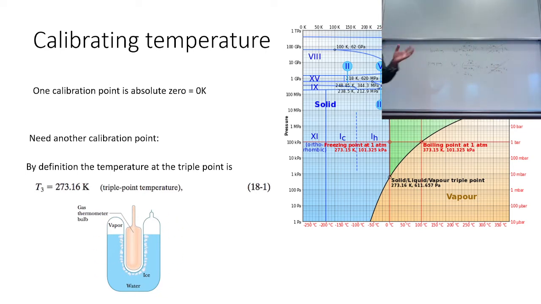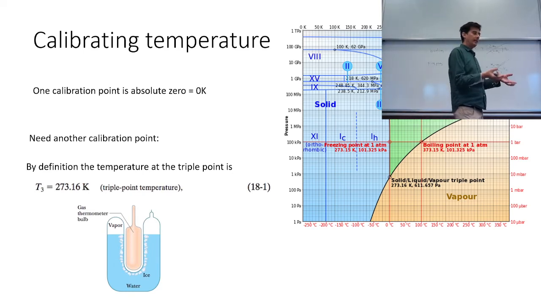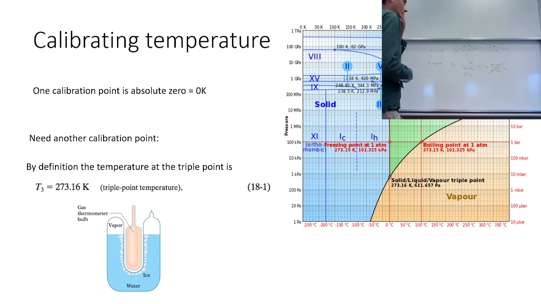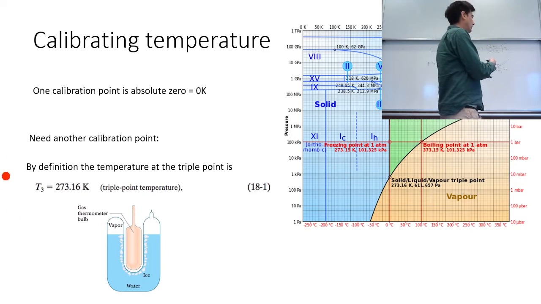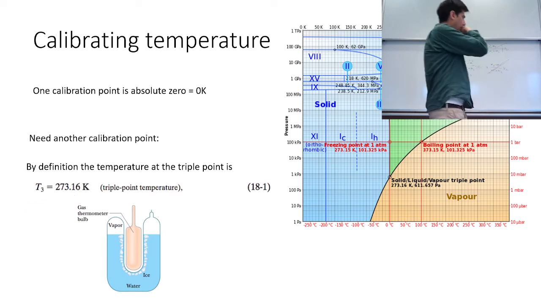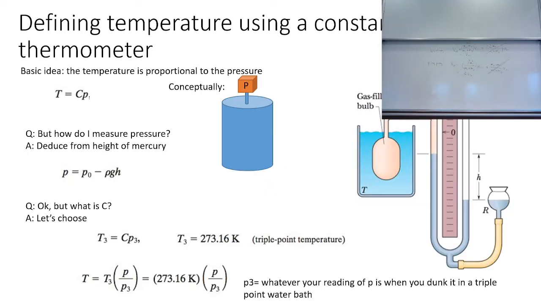Once you've got that, it gives you your temperature reference, because that only happens at a particular temperature. In terms of kelvins, this has a temperature of 273.16.